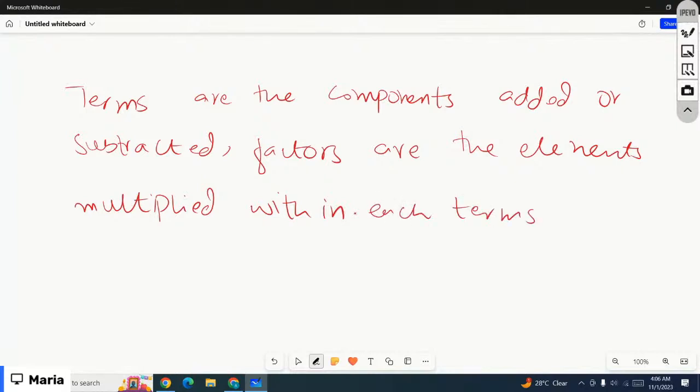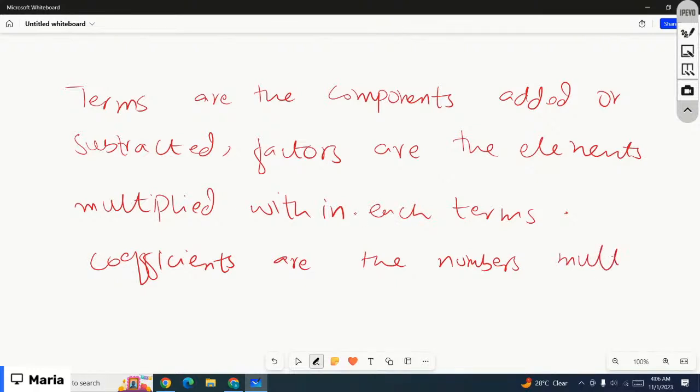And coefficients are the numbers multiplying variables.